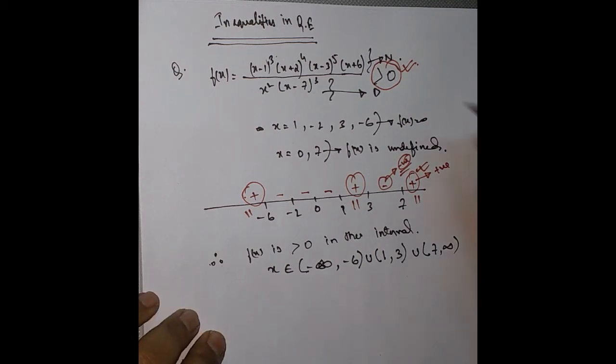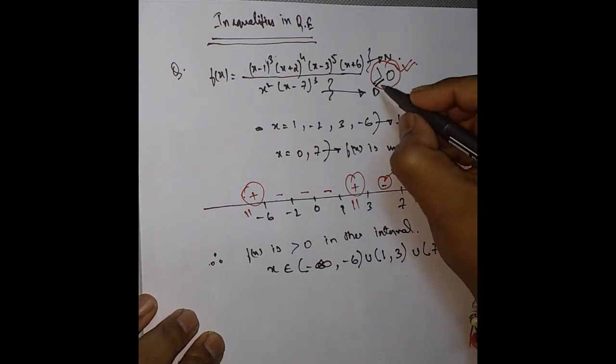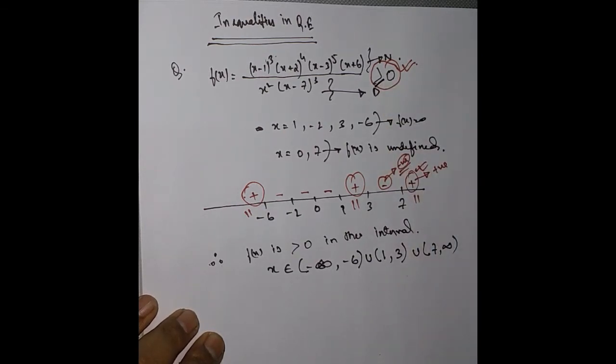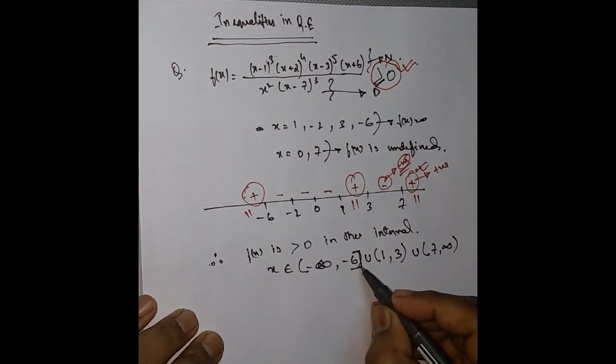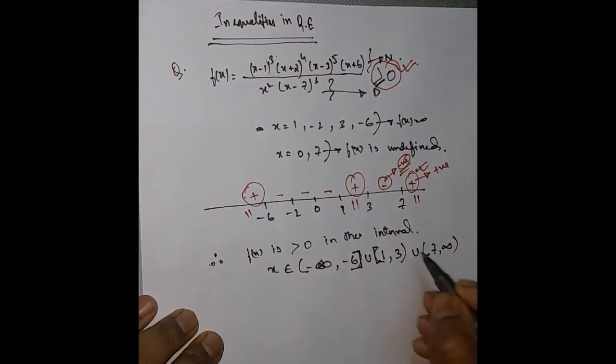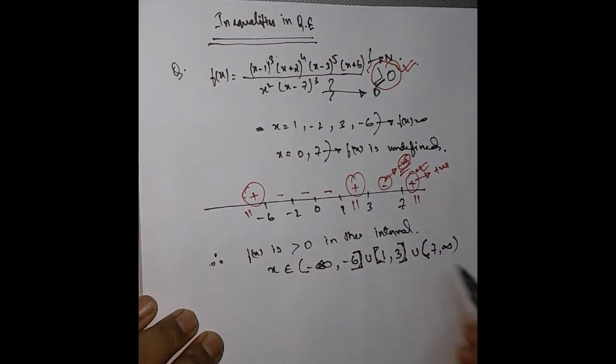Now if we had greater than or equal to 0, the interval would have been like this. Square bracket means minus 6 is also included. Minus 6 and 1 are also included, but 7 would be an open interval. Why would 7 be an open interval?